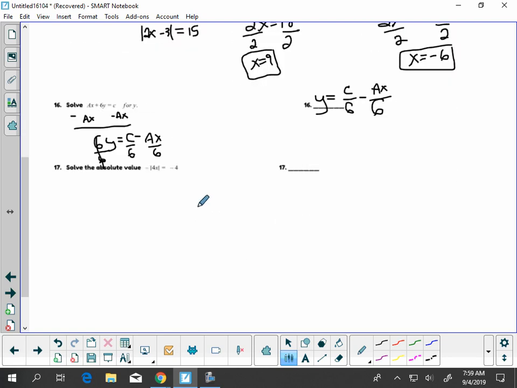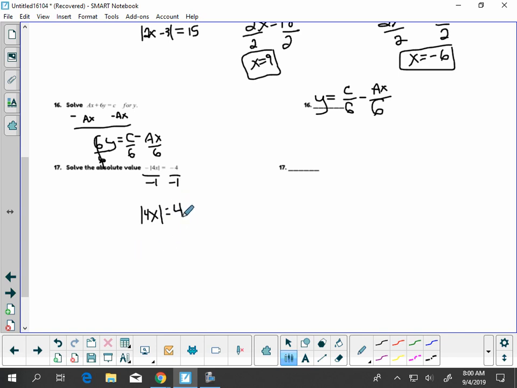Number 17, be careful of that because there's a negative sign in front there. So we have to get that absolute value completely by itself. So I'm going to divide by negative 1. And that's going to give me the absolute value of 4x equals positive 4.